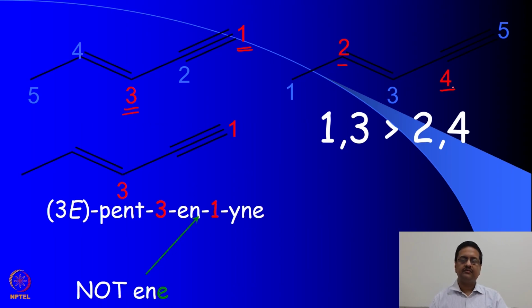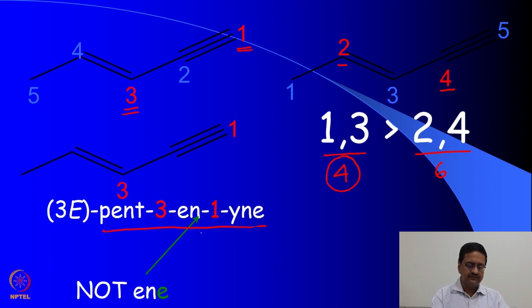And here we need to remember that the sum of these two numbers should be the lowest for a correct numbering. So, in case of the left one, we have 1 and 3, the sum is 4, and in the right hand side it is 2 and 4, the sum is 6. So, this sum gets priority over the other one. As a result, we write the name of this particular compound as pent-3-en-1-yne.